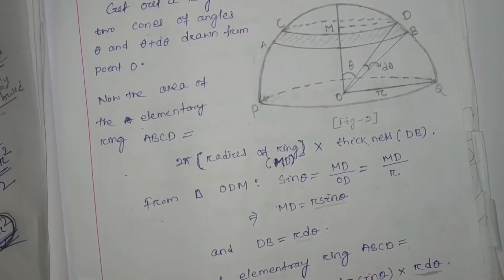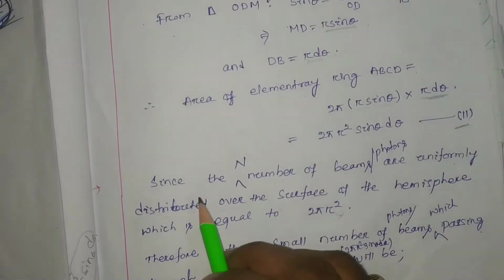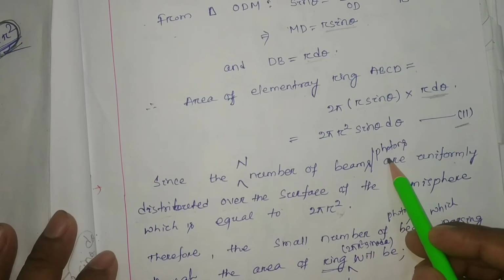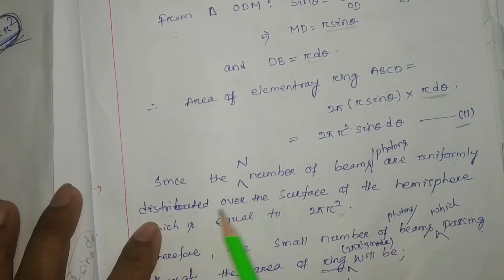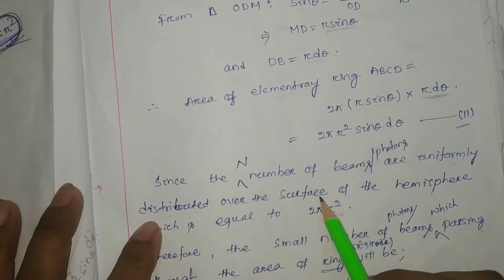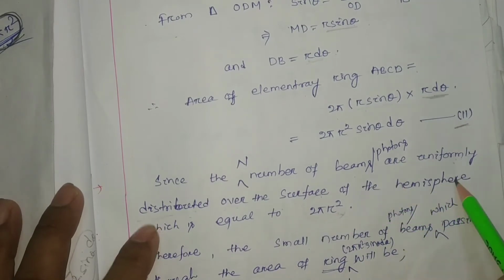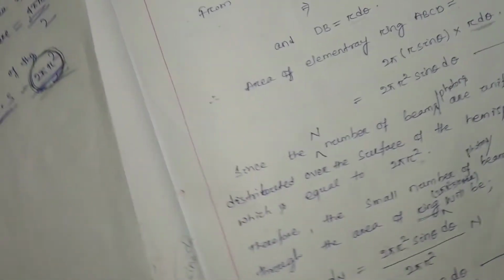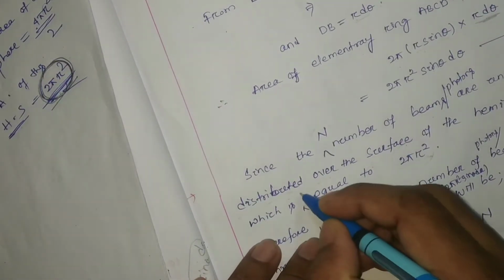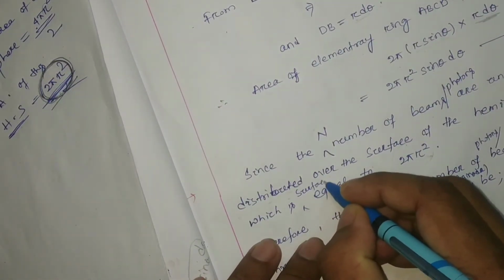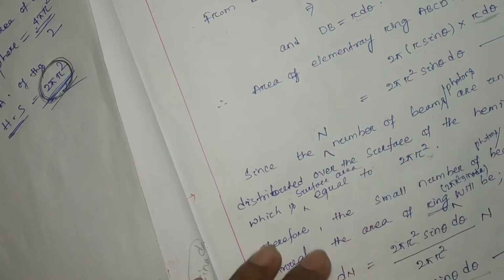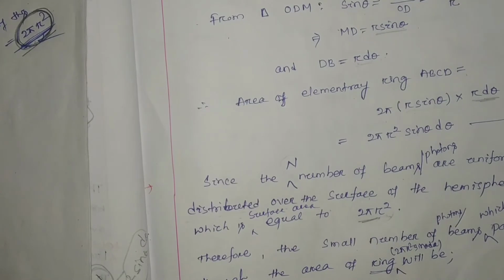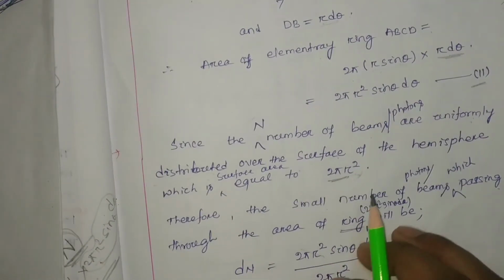The same thing has been written over here. Since N number of beams or photons are uniformly distributed over the surface of the hemisphere, whose surface area equals 2 pi r square.